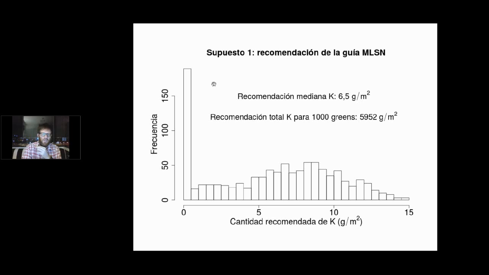About 180 of the greens got 0 recommendation, but some of the greens get as much as 15 grams of potassium recommended. So the MLSN guideline is recommending something specific to each green, but please notice the median value is 6.5.